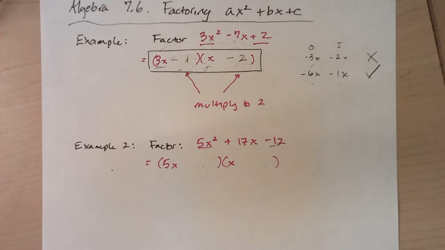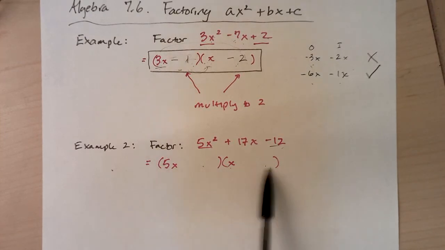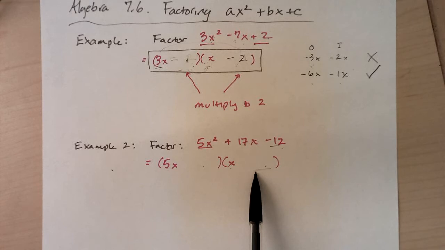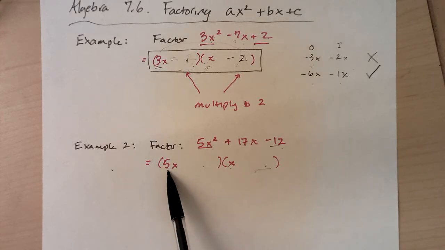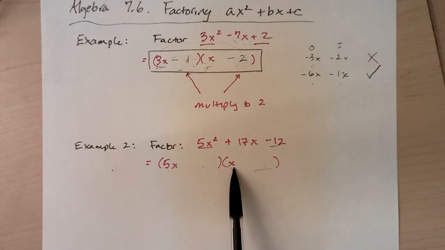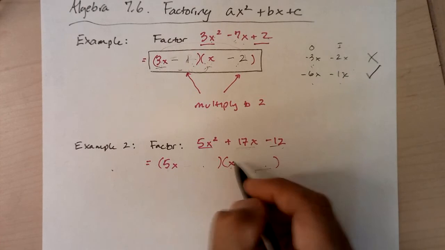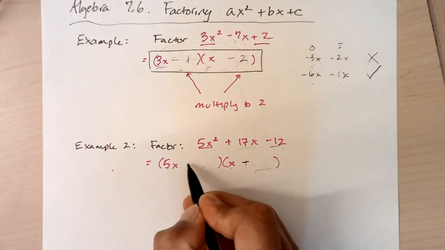If you tried and figured out exactly what works, you might be able to tell, because of this number 5 and this number 1, that the number here probably should be positive. If I multiply it by positive 5, and if the other number is negative, I would multiply it by 1. They have to add to a positive, so really the larger number has to be positive. So maybe you fill this in, put that positive and this negative.